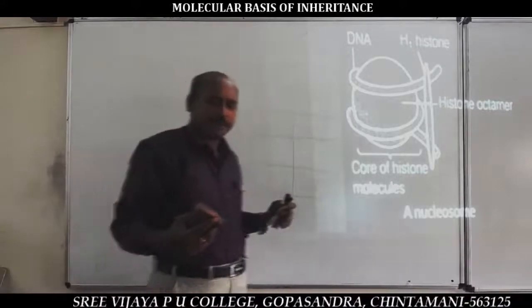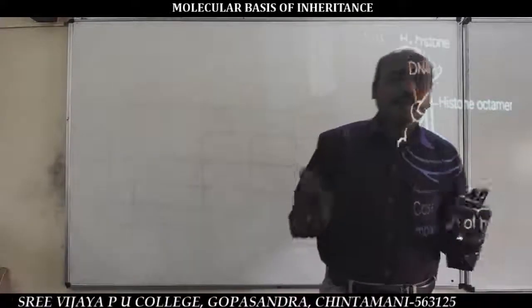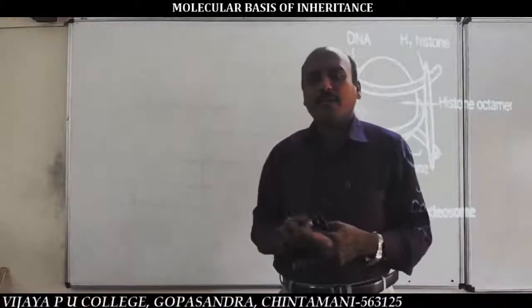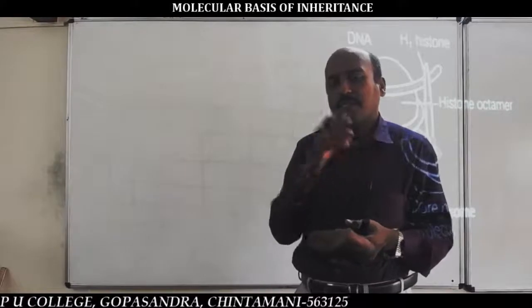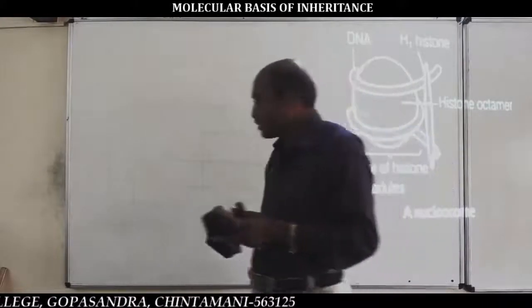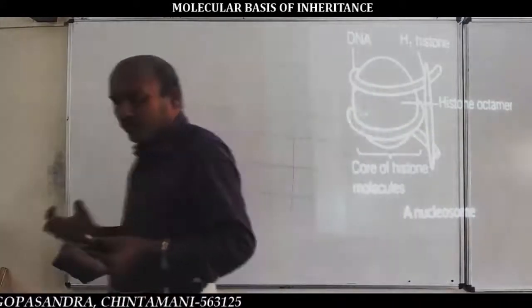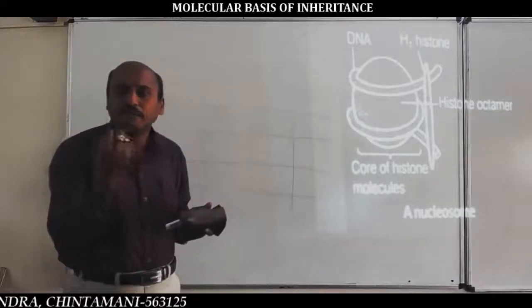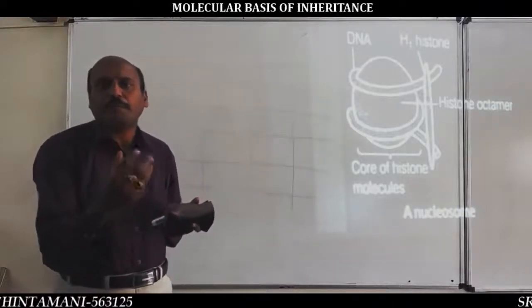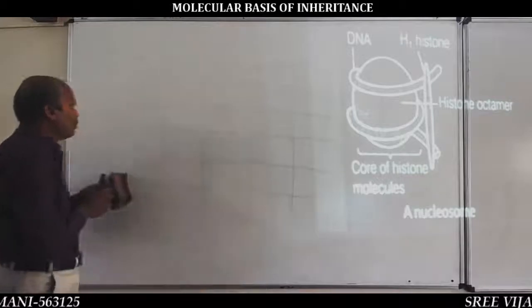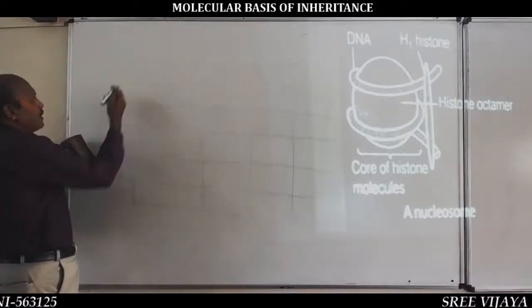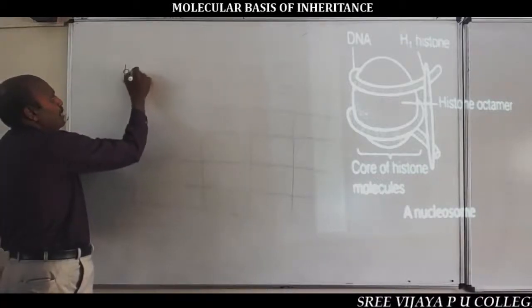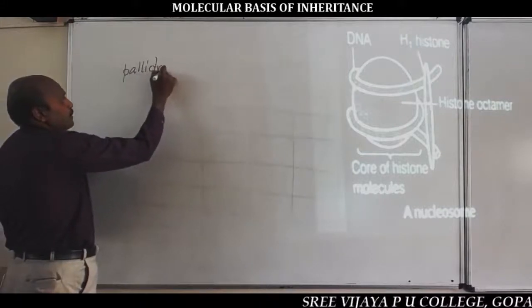Once again, we will study palindromic DNA in the biotechnology lesson. But in this topic, we will know the definition, meaning, and example of palindromic DNA. So let us discuss palindromic DNA.